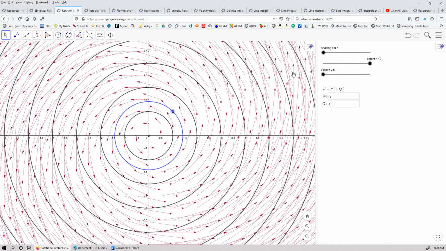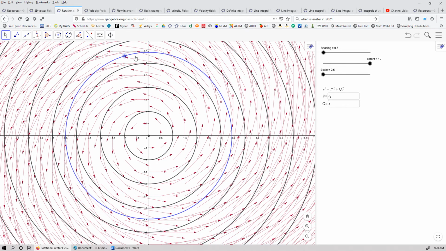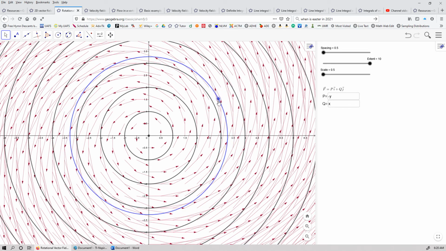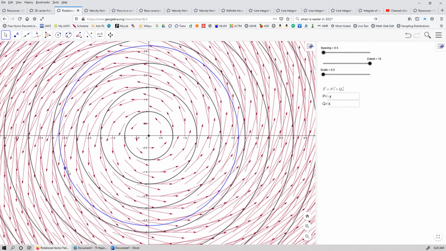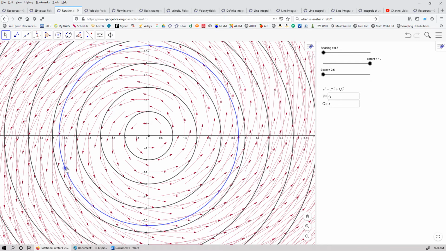There's the vectors. And here is a circle centered at the origin, so this blue one is a flow curve, regardless of where I put that starting point. So basically, picking a starting point is really more or less going to be the same thing as picking an a value.